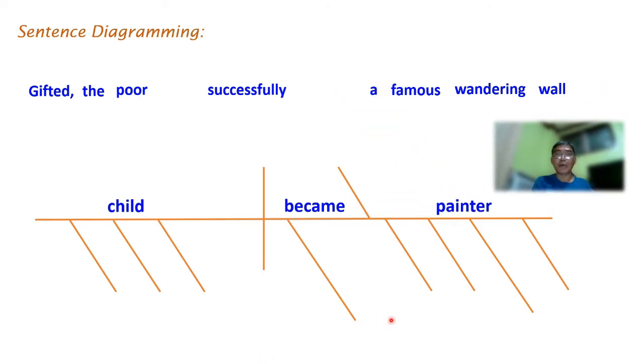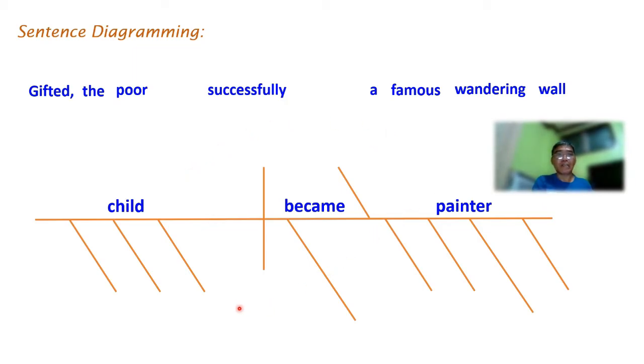Let us always remember that whenever we diagram a sentence following the basic sentence pattern, subject plus linking verb plus noun, we have to separate the linking verb from the predicate noun with the slanting line to show that the predicate noun gives another name for the subject or identifies the subject.